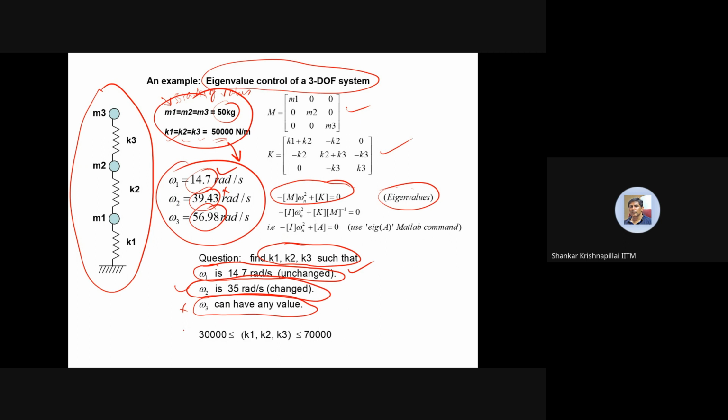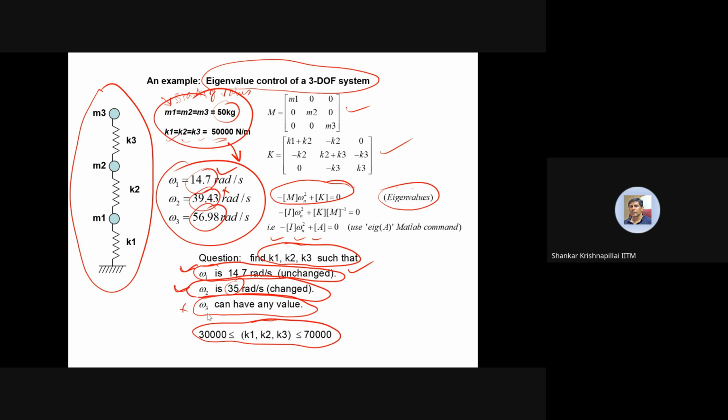That's the third natural frequency, and people are not that much bothered with the high values. So our goal is to find values of K1, K2 and K3 within this search range such that omega 1 is unchanged, and omega 2 becomes exactly 35 radians per second.